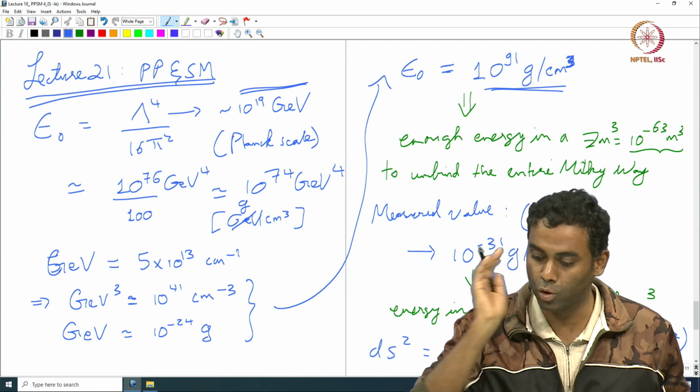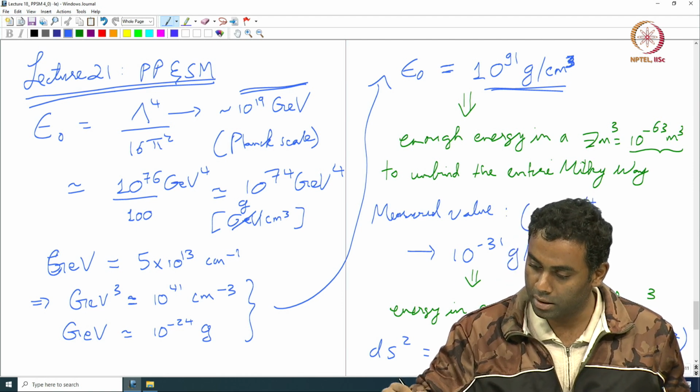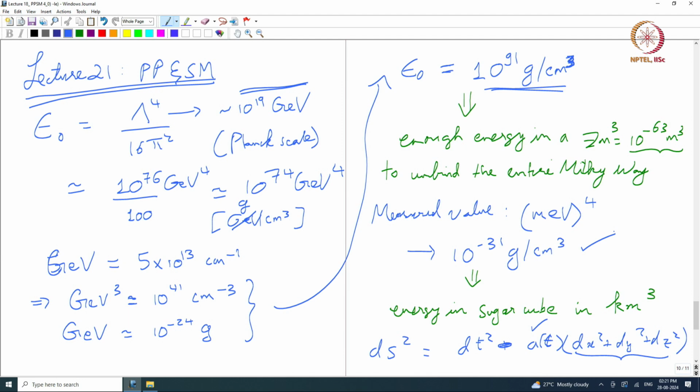The reason the universe is so big is because the zero point energy, which I can also now call the vacuum energy, agreed? Vacuum meaning minimum, right? The minimum of all the field configurations that I am thinking of. So because it is so small, we can see a very large universe.